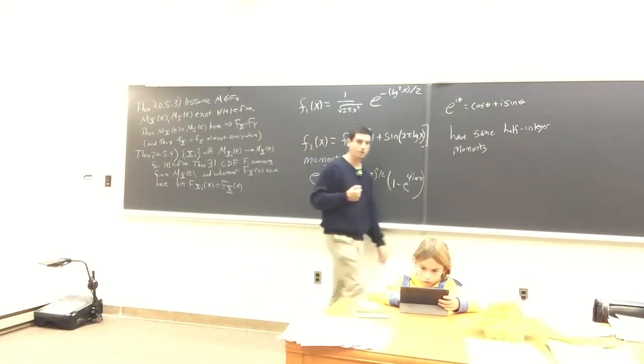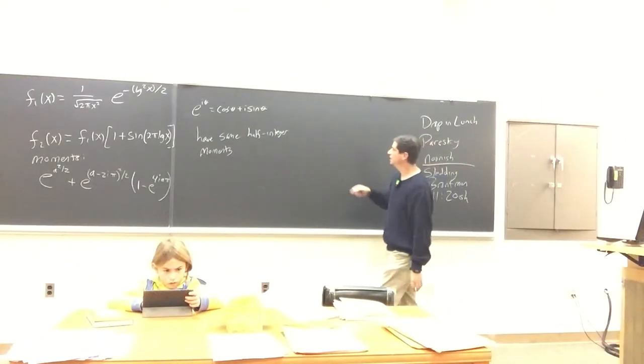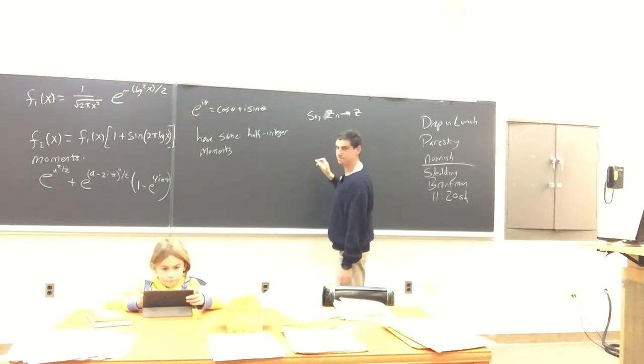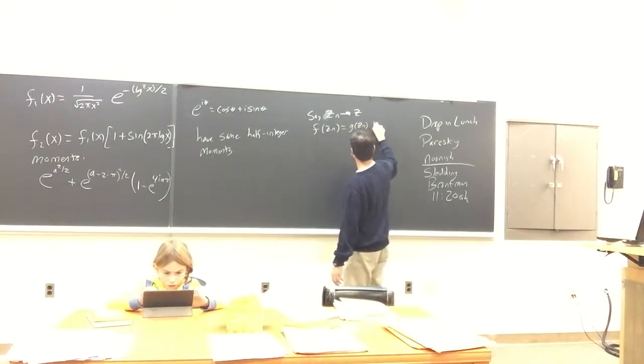So there's a result in complex analysis, and I just want to state the result, and then I think that's going to be it for complex. Let's say it's the following. Say, we usually use z for complex. Say z_n converges to z, and say f of z_n equals g of z_n for all n.